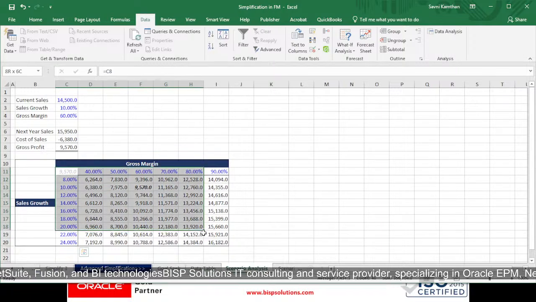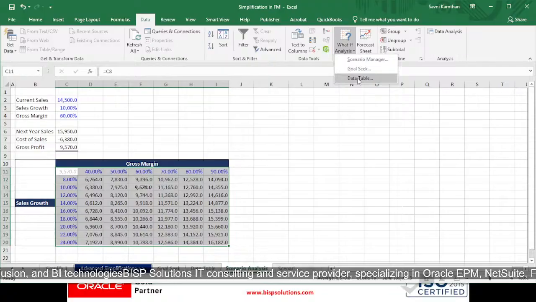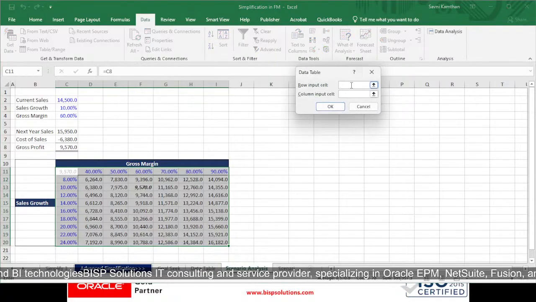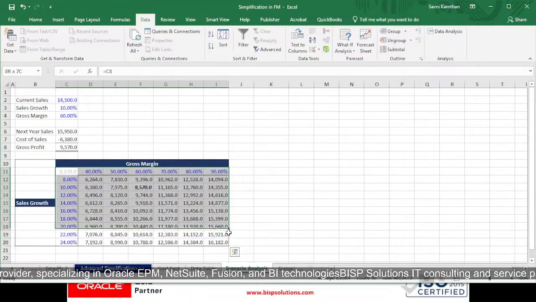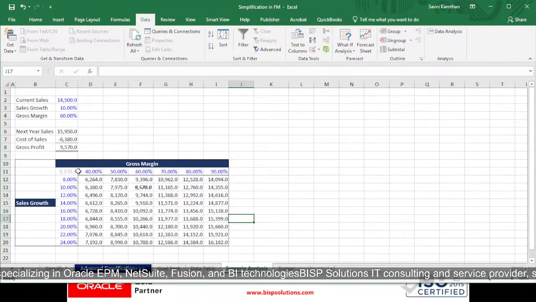Now if I want to calculate, again I will use the same function as the data table. For the row input cell, it is asking me, the row has gross margin, and in the column I have sales growth. Once I click on OK, it will show me the table. So this is how we do scenario analysis.